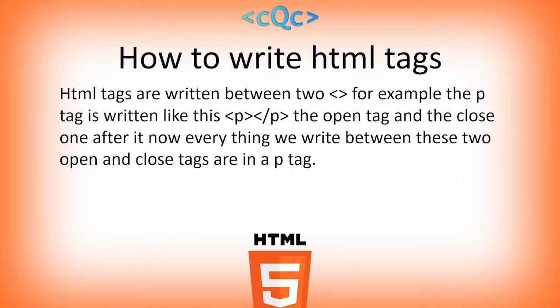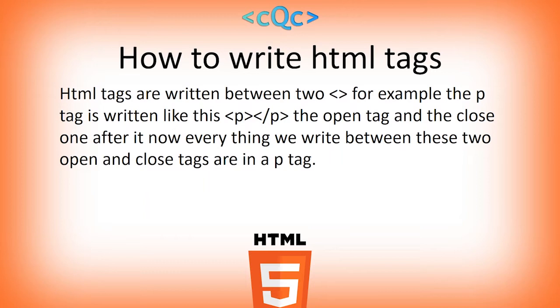How to write HTML tags. This is probably one of the most important things, because we want to write it, so let's just write it. HTML tags are written between two greater than and less than symbols.